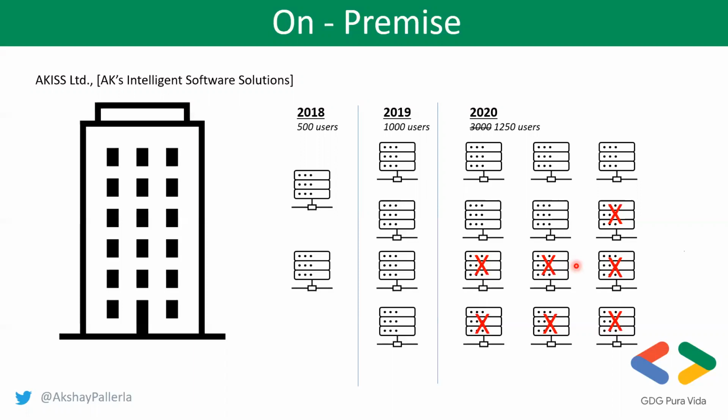And by this time, you should have already understood where I'm going with this particular scenario. I said I'll be discussing elasticity and scalability, correct? So the same company, now let's move it from on-premise. Again, this is my imagination, so I can do anything.